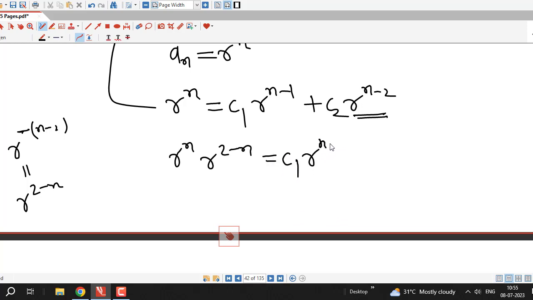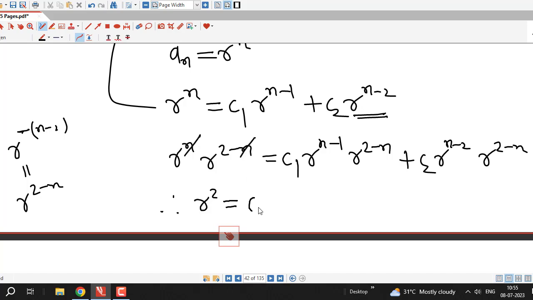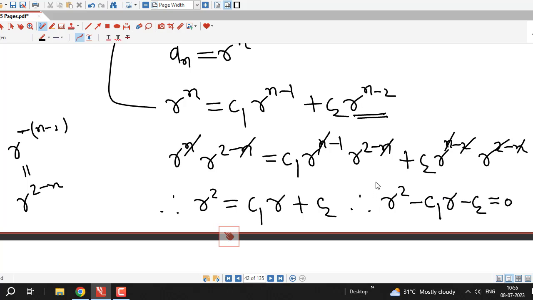On the left, r squared, as n gets cancelled, equal to c1 times, here also n gets cancelled, r raised to 2 minus 1, that is r, plus c2 times r raised to 0, that is 1. So I obtain r squared minus c1 into r minus c2 equal to 0.